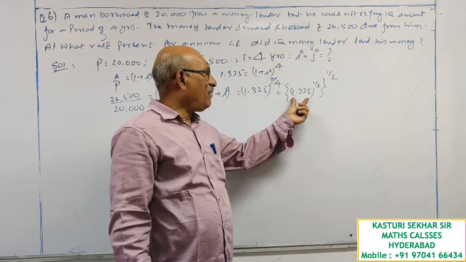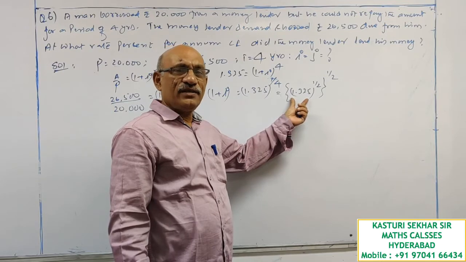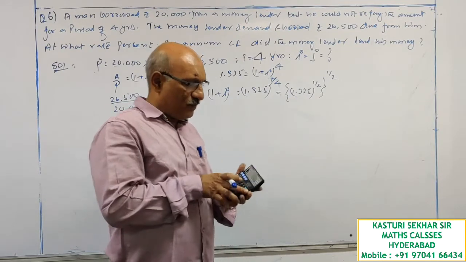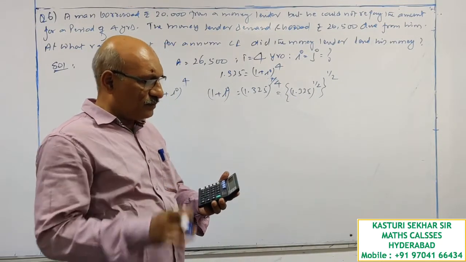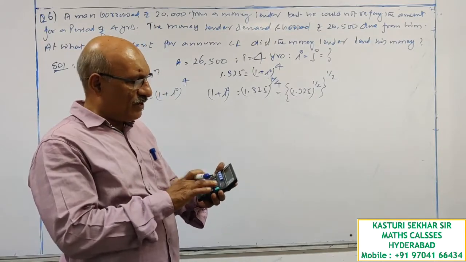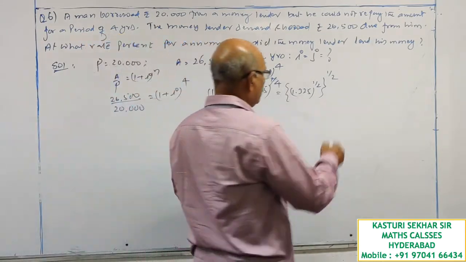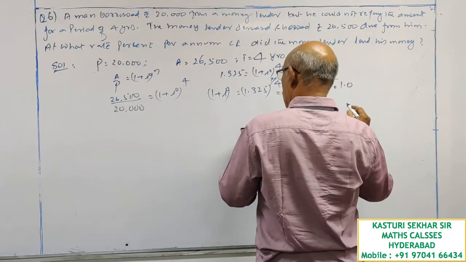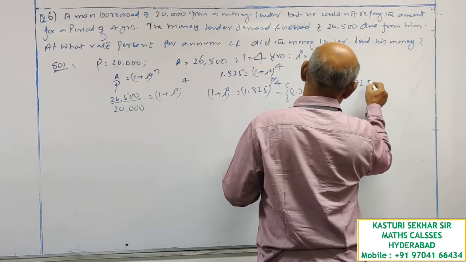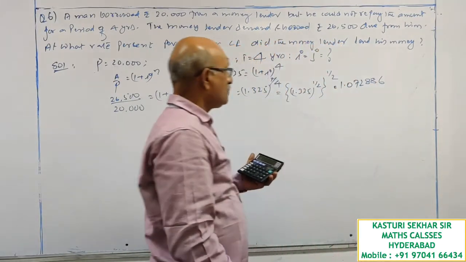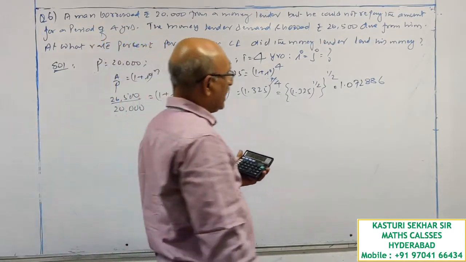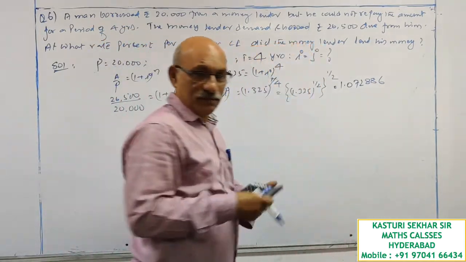It means for 1.325, if I take square root 2 times, it is over. So 1 time square root, value is obtained, again 1 time square root, we get 1.072886.